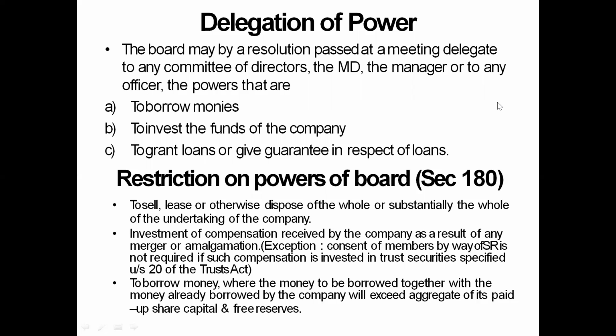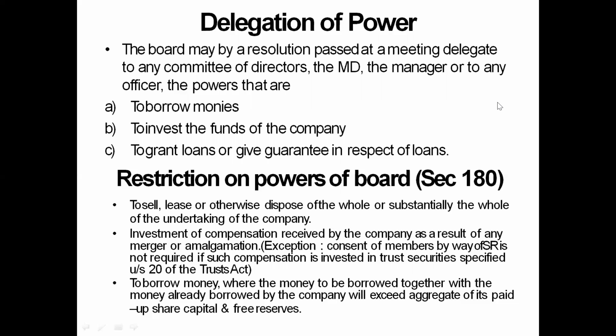The restrictions are: to sell, lease, or otherwise dispose of the whole or substantially the whole of the undertaking of the company; investment of compensation received by the company as a result of any merger or amalgamation.